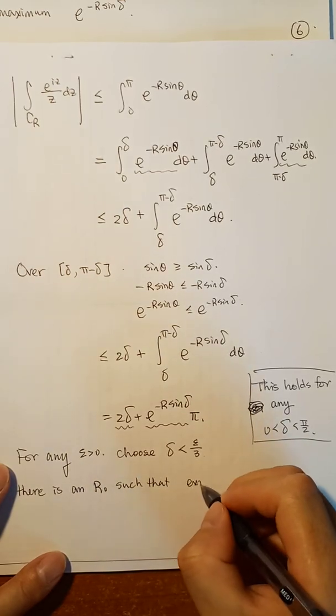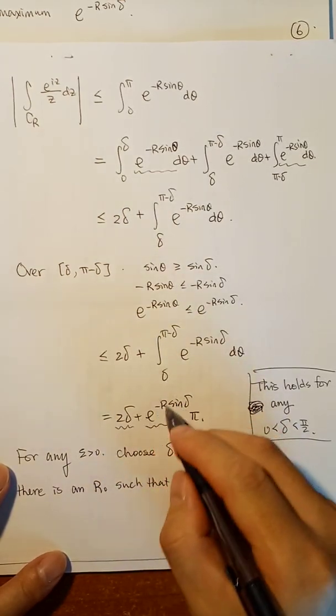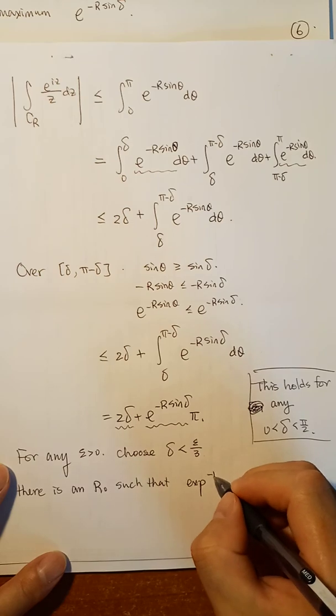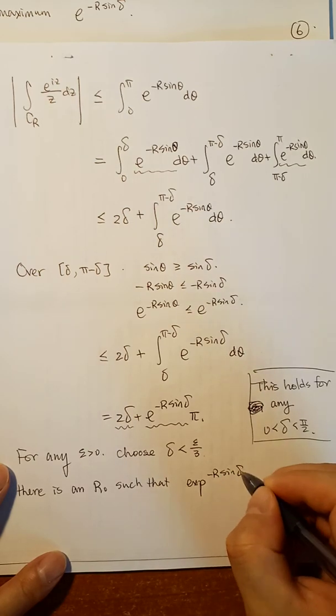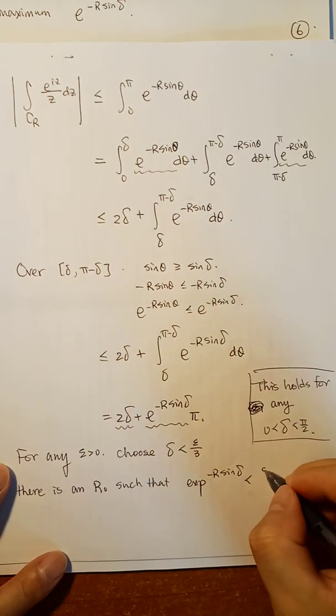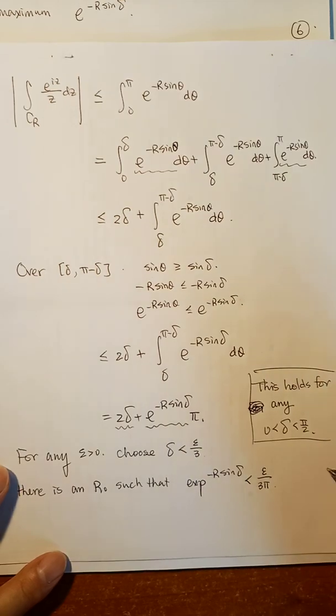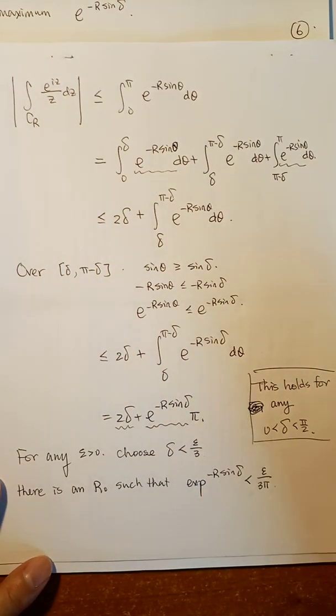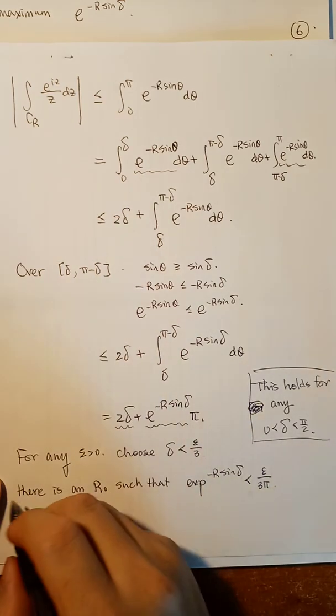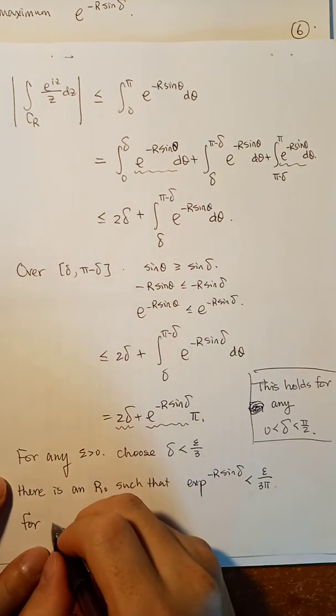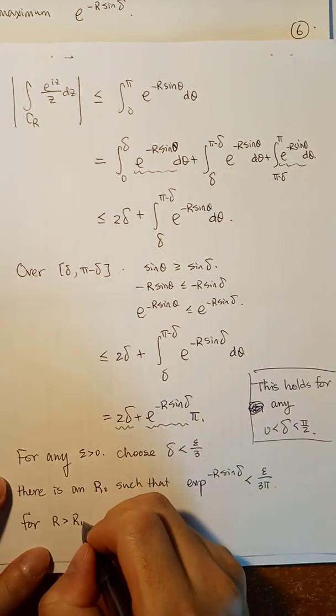the exponential, this quantity, exponential negative R sine delta, is less than epsilon over 3 pi. That's the reason you put pi here, for R greater than R0.